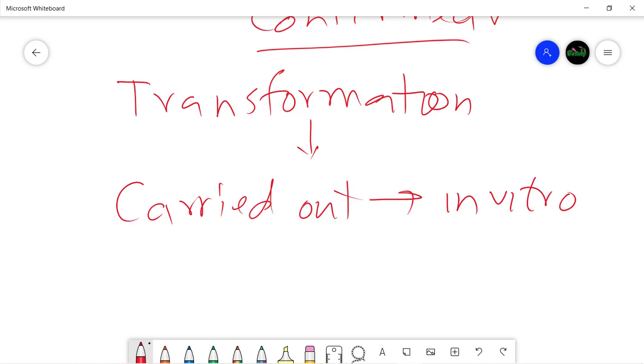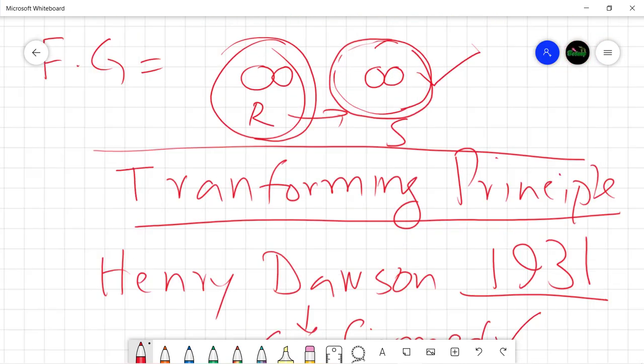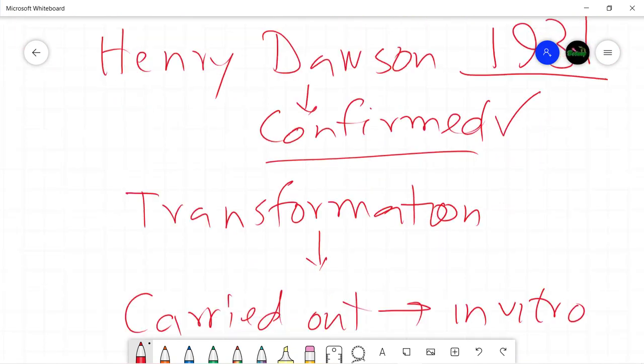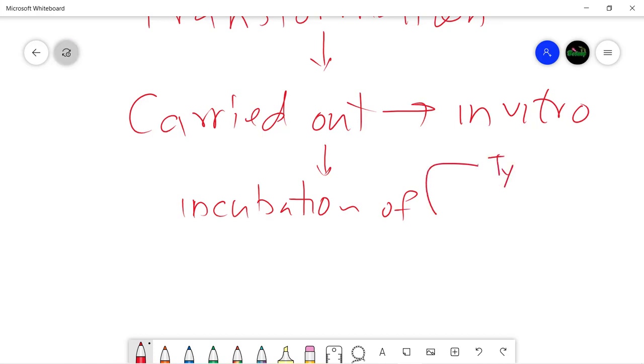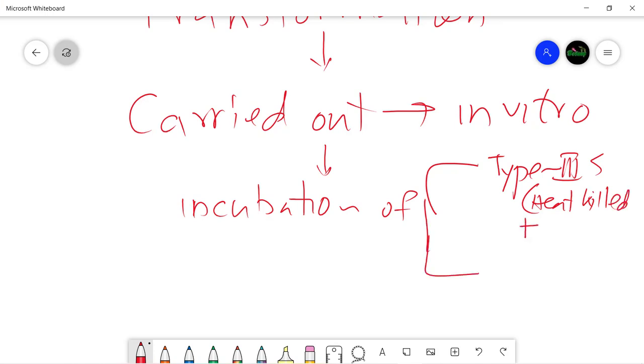They showed that all that was needed was incubation of these two cells together: heat killed type 3S, obviously dead, plus living type 2R.